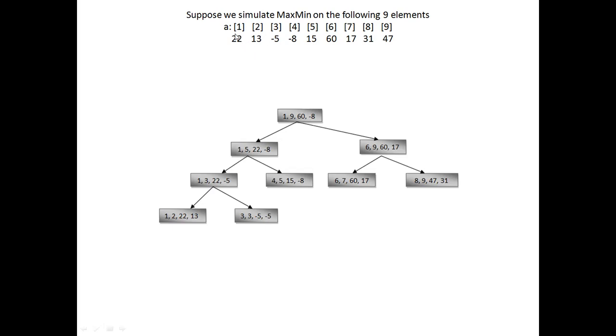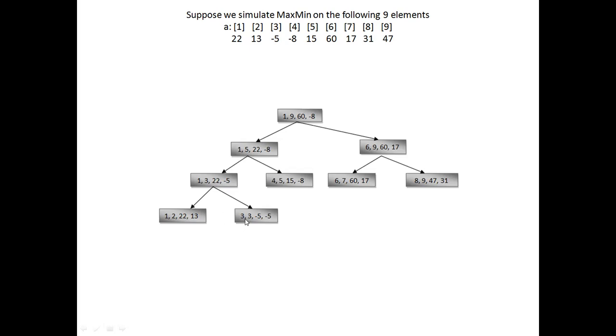Now here this is the problem. There are only 2 values. So just by comparing these 2 values, you will know which is the biggest and which is the smallest. So 22 is the biggest, 13 is the smallest. Then the other sub half of this 1 to 3 range is the third index.